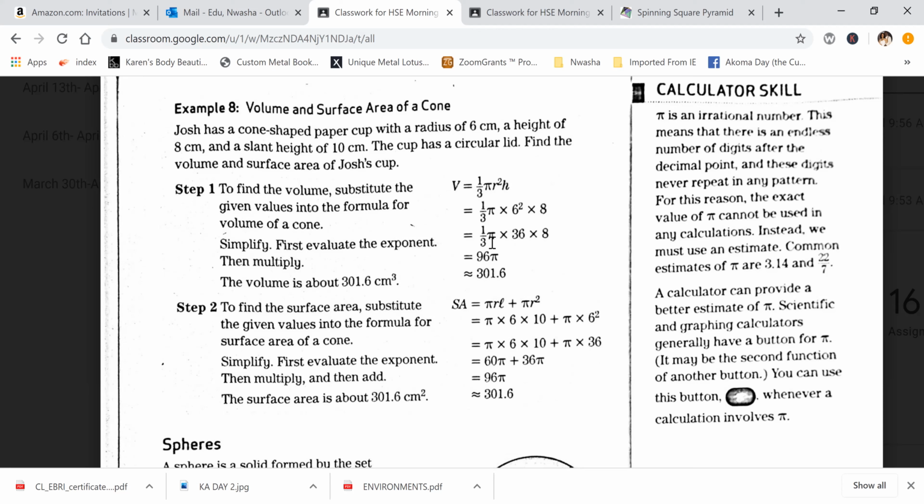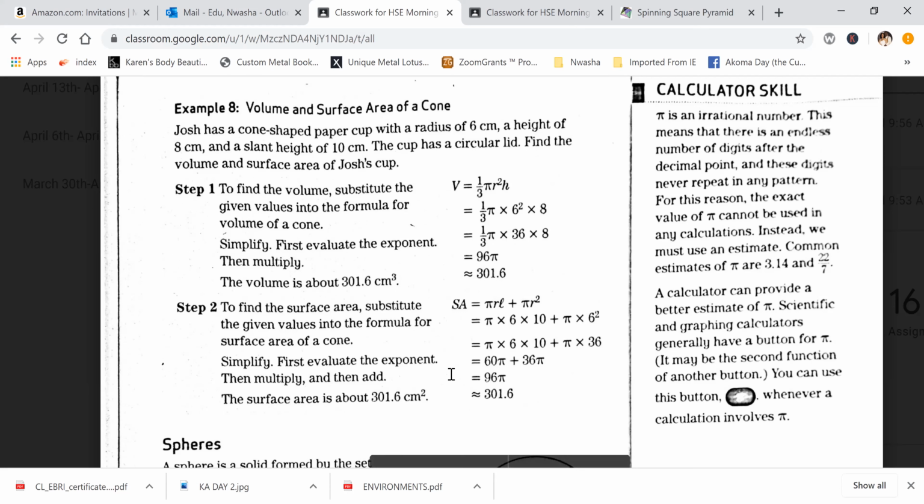So 1/3 pi times 36 times 8. And also, they're saving pi for last, like we saw, since sometimes pi is in your answer. So they're doing 36 times 8 and 1/3 of that and leaving pi. And then finally they multiply by pi and they have the wavy equal sign, about 301.6. So for volume, this is how much the cup could hold: 301.6 cubic centimeters.